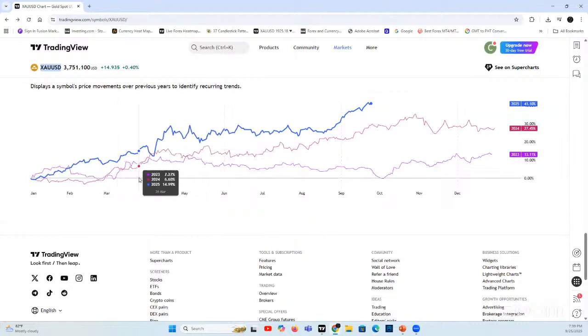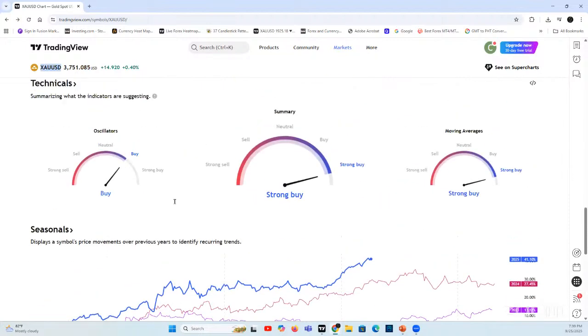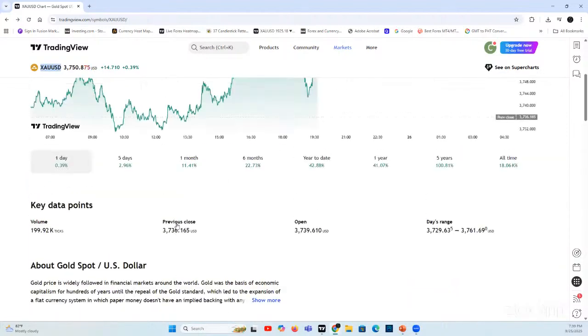Gold is just flying, so the majority of the time we are buying gold, right? I remember when we reached the 2000 mark in 2023, and now we are at 3700. Imagine that. Maybe before this year ends, we will be in the 4000s. This is gold. And where is that again?